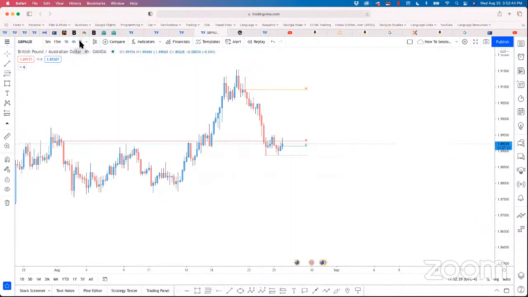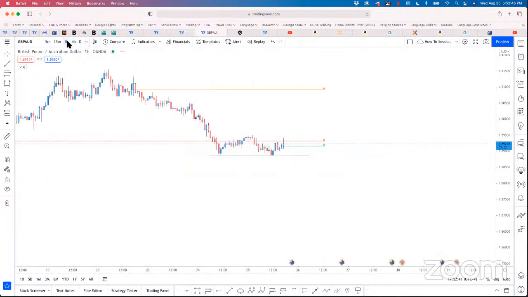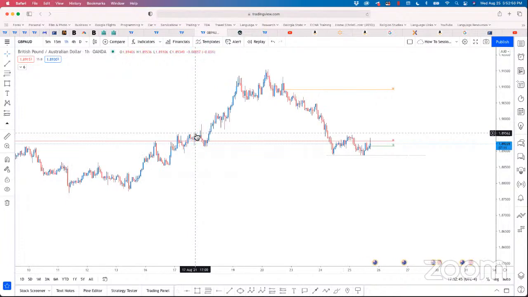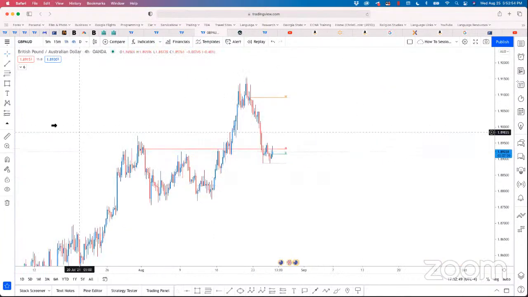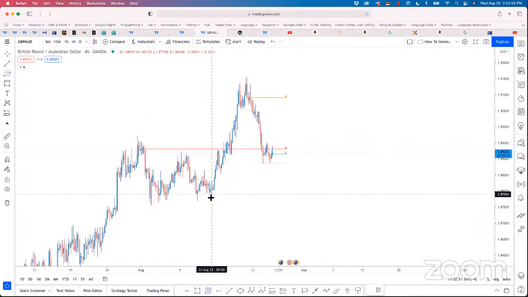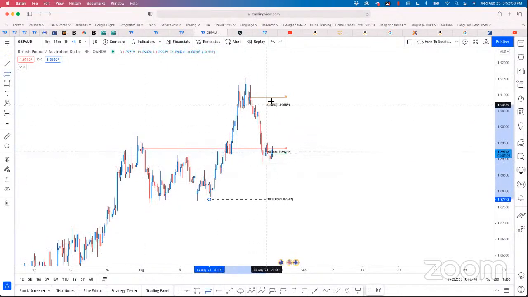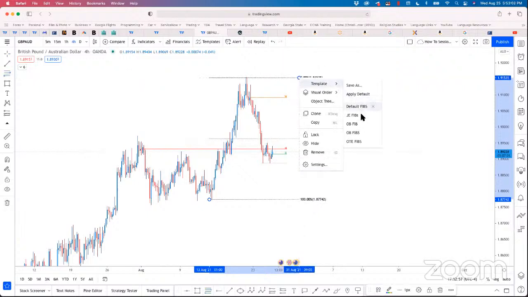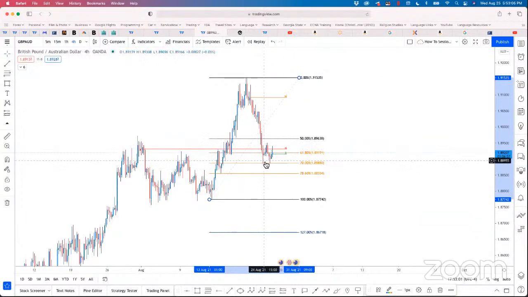I think that's like the 618 or something too. Looking at this move from here to here, you just bounced off the 70. So I mean, you look good.